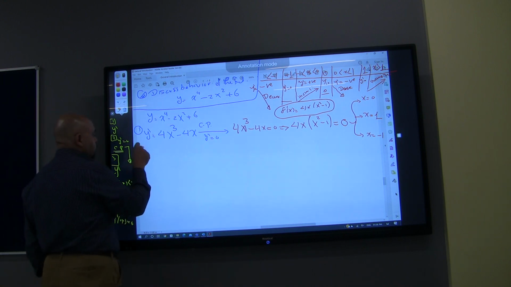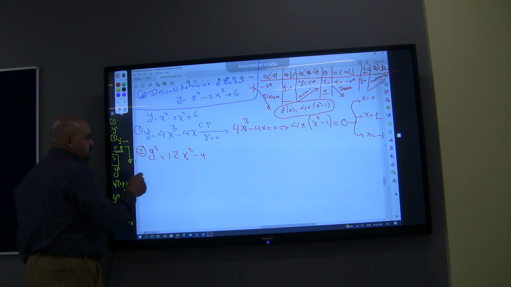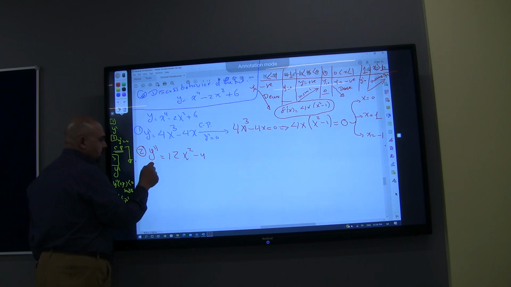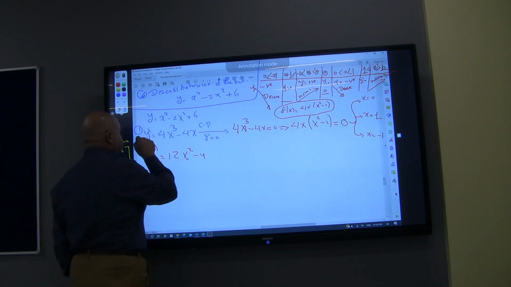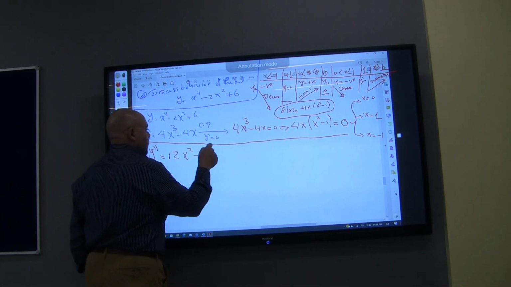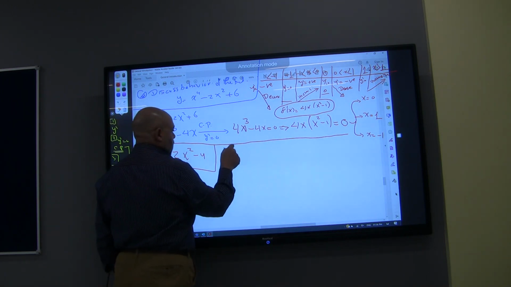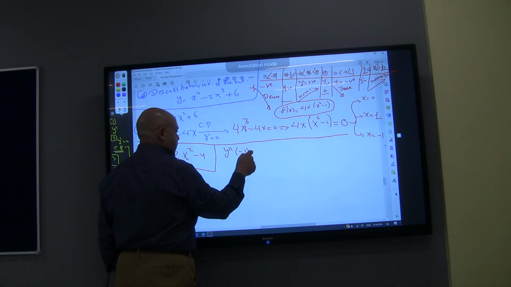Simply I will try to get y double dash, which is going to equal 12 x squared minus 4. Okay, let's try y double dash at negative 1.